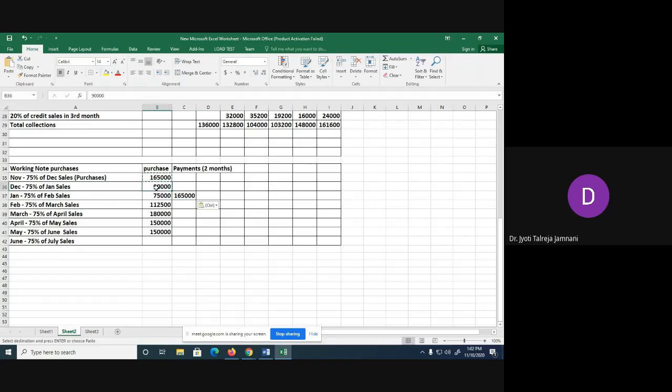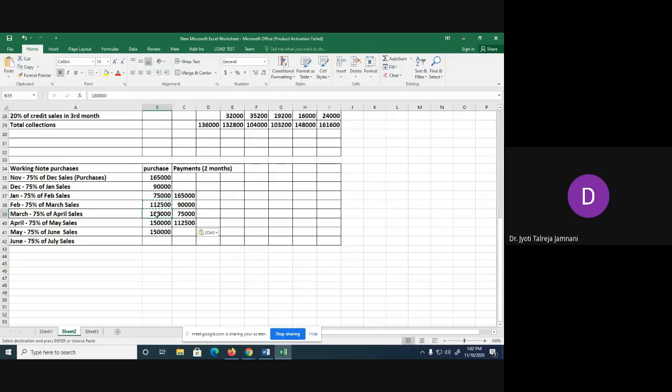Whatever I have purchased in December, I will leave December, January, and I will pay it in February. What I purchased in Jan, I will leave Jan, Feb, and I will pay it in March. So after 2 months, I am making the payment. Are you getting the logic? I leave this month, that is February. I leave the next month, that is March, and I pay in April. So 2 columns I am leaving. This is 1, this is 2, and then I am making the payment.